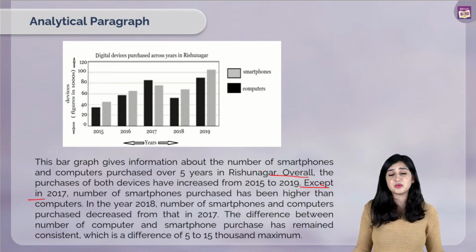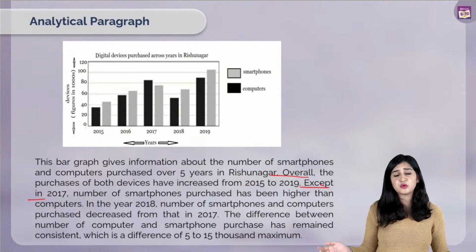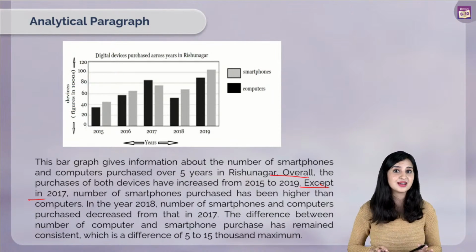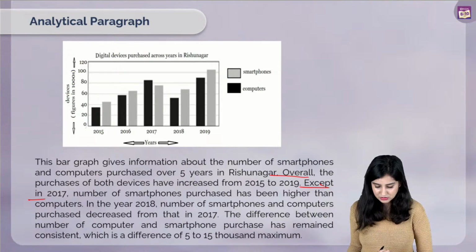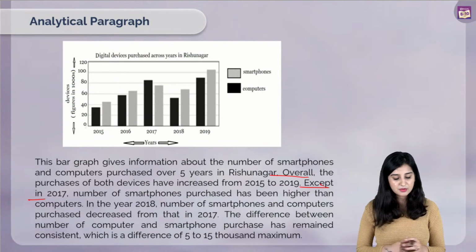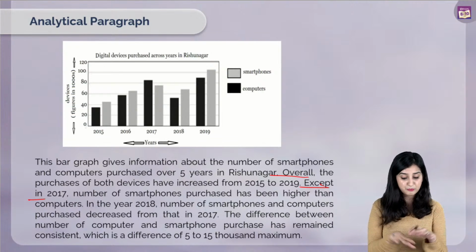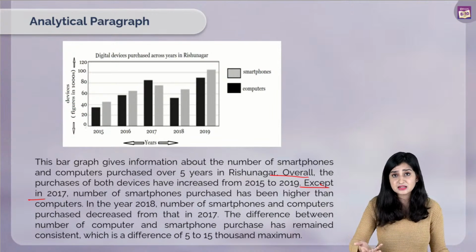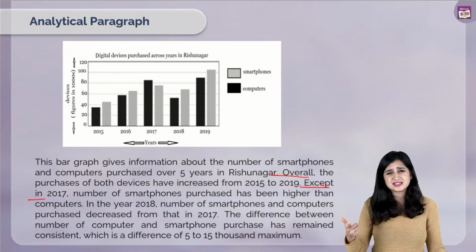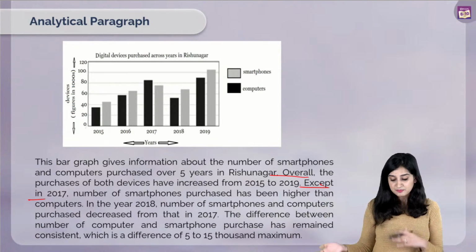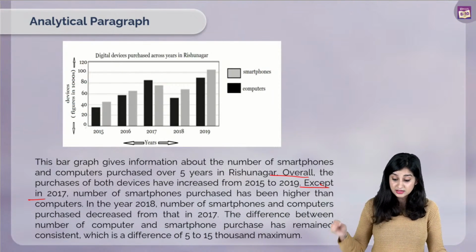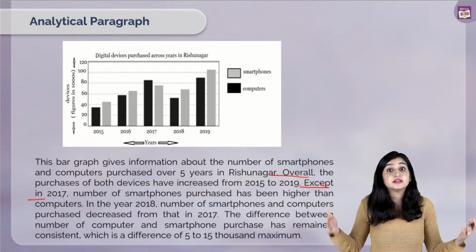So you can use linking words, you can use moreover, furthermore, in contrast to, additionally, as opposed to. Words like these will come in handy in your analytical paragraph. Depending upon the chart, so here we have a bar graph and we formulated a paragraph according to what was given to us, but if something else is given to you, you can also use phrases like the general trend is, the most striking feature, the single biggest, the greatest number of, another substantial point.